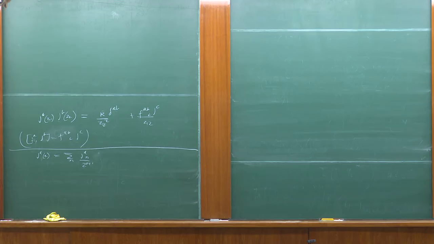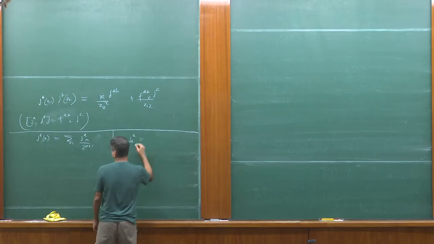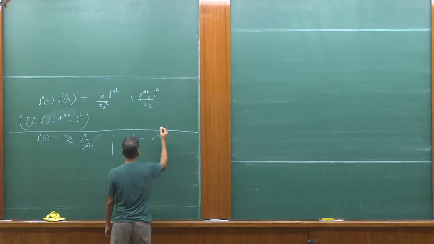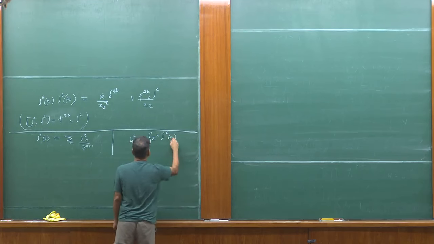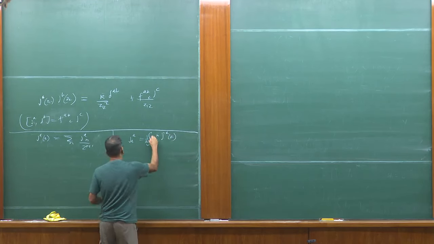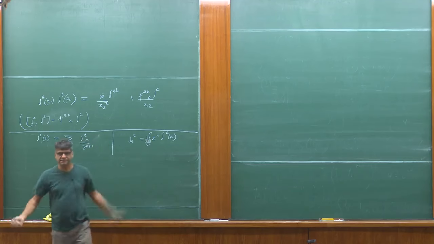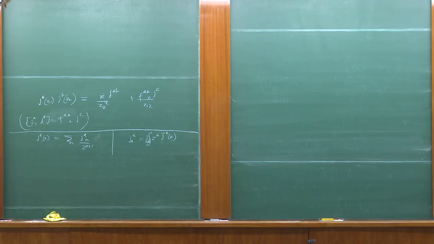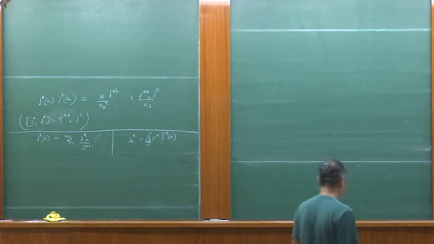Therefore J^A_n is equal to the contour integral of Z^n J^A(Z), 1 over 2 pi i, just by Cauchy's theorem. So J^A_n is given as a contour integral of the current.